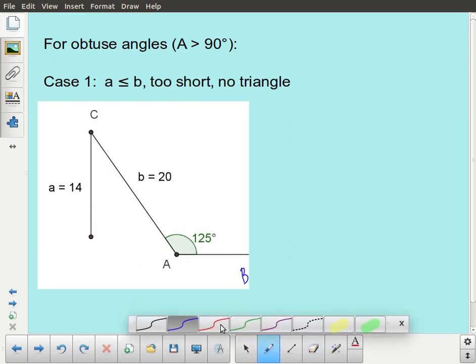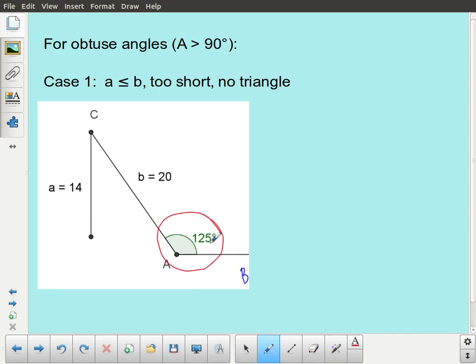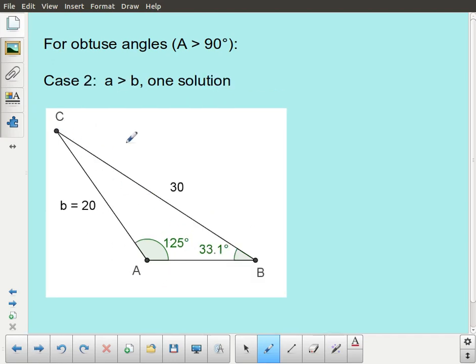You have to include this angle in your triangle that you're making. And so as I showed you there, the only other option is if this side gets long enough, if it's greater than side B, so this is side A, if A is greater than B, then it extends far enough to go past A, and then you end up with a triangle.